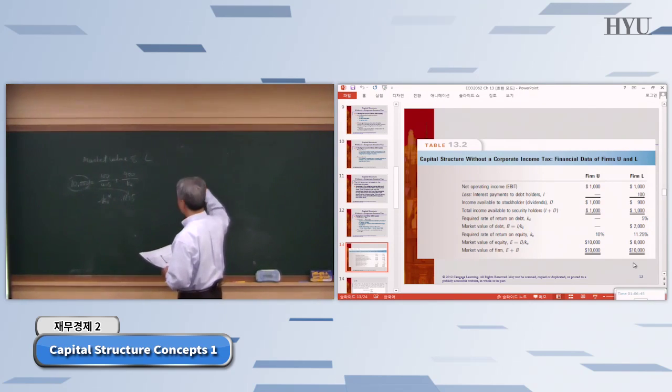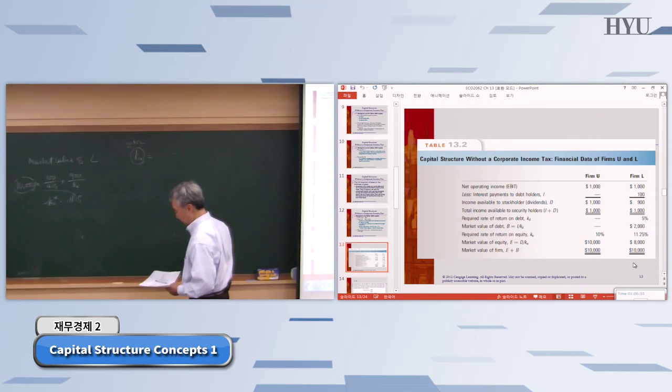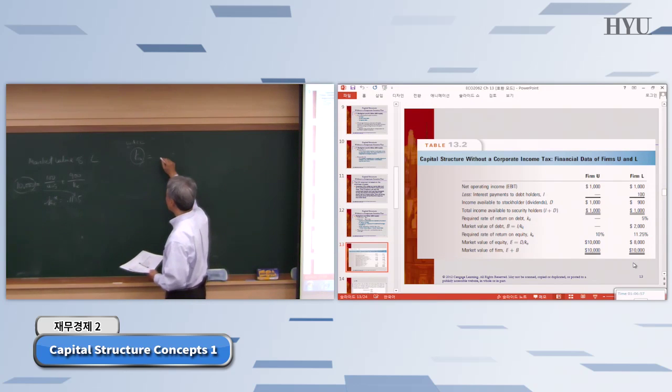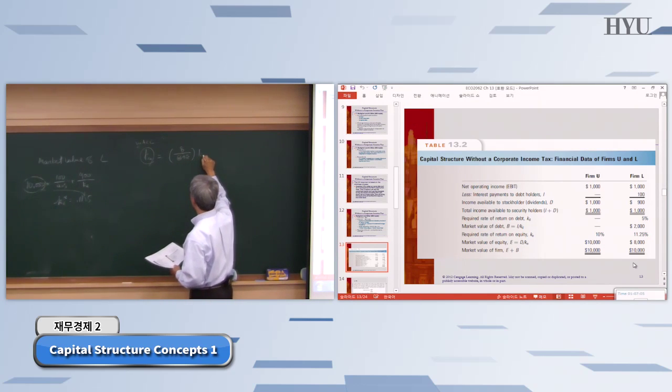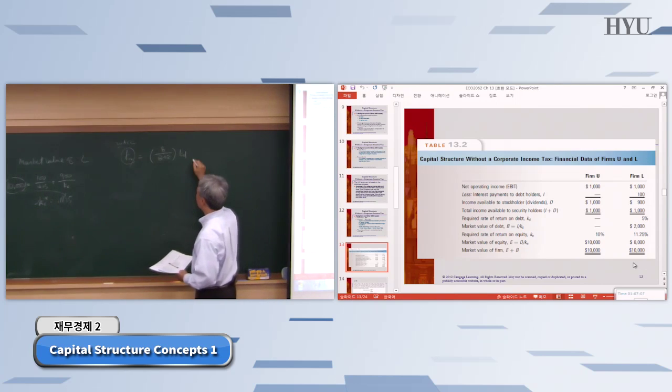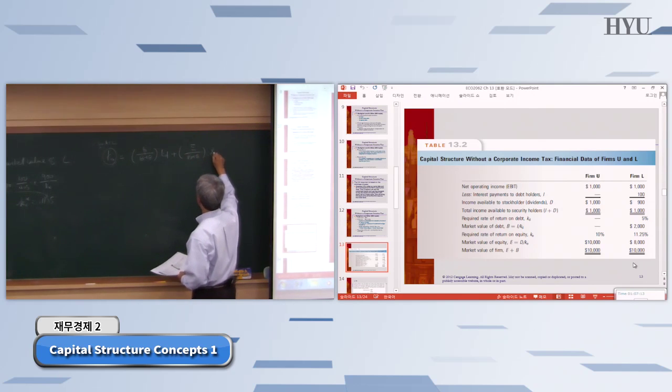Okay, so think about KA. KA is WACC, the weighted average cost of capital, and can be calculated as B divided by B plus E times KD, the cost of debt, plus E divided by B plus E times KE.